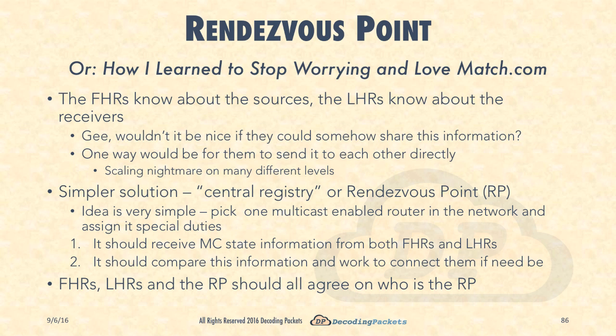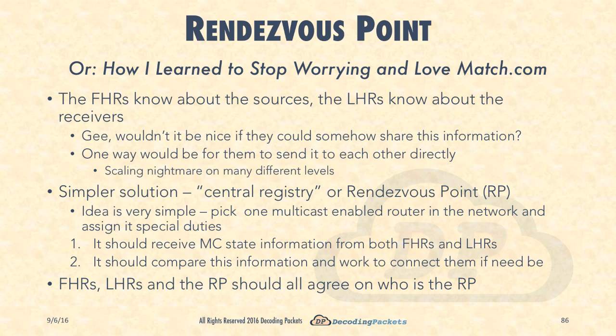And why would they need to be connected? Well, very simple. The FHR has information about a group, G, that the LHR needs the stream from, star comma G. So if those two pieces of information match, then the FHR needs to be connected to the LHR and the RP should proceed. Now the biggest, most important point here. The FHR, the LHR, and all of the other routers, including the RP, every single router in the domain must agree on who is the RP.